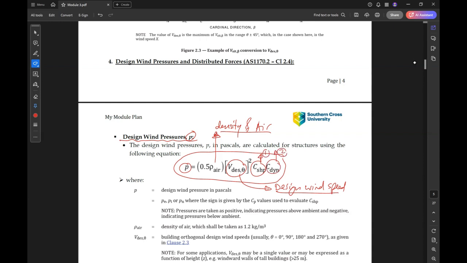This is the important formula we need to know. The density of air is known, and it is a constant value of 1.2 kilograms per cubic meter.